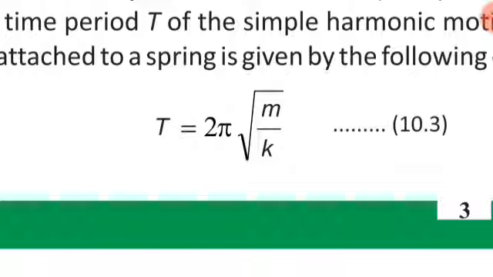In your 10th grade, there is just the relation. Students, capital T denotes the time period, and for 2 pi, the value of pi is 3.14 or 22 over 7. m is the mass and k is the constant, or you can say the spring constant. Students, whenever you are asked to find the time period, you will use this relation.